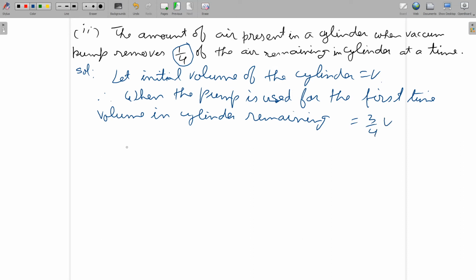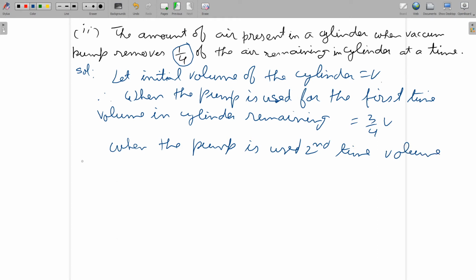Similarly, the next case, when the pump is used for the second time, what is the volume remaining in the cylinder?